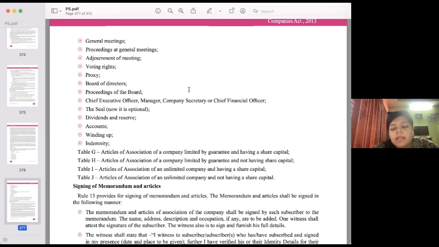Now, if 15 is the maximum number of directors permitted by the Companies Act, you as a company may choose to have anything less than that. But obviously, you have to fulfill the minimum number of directors. So, for a public company, supposing 3 directors is the minimum that you require, you need to have at least 3, but you can have, say, 5, say 10.